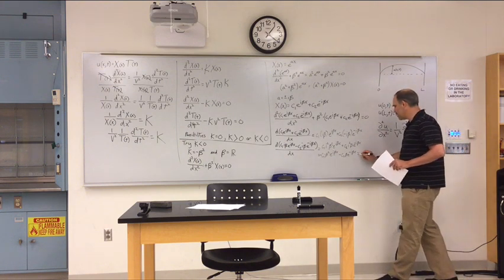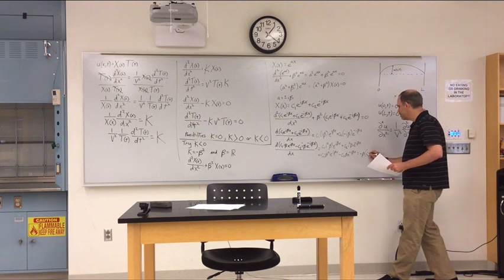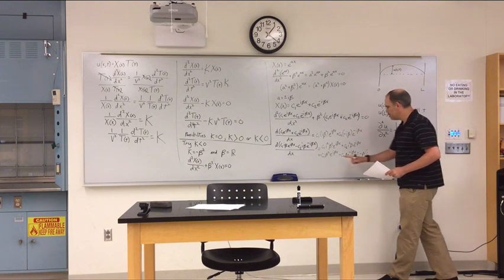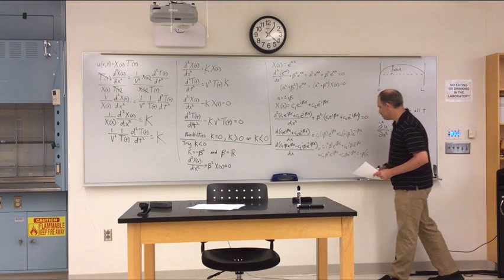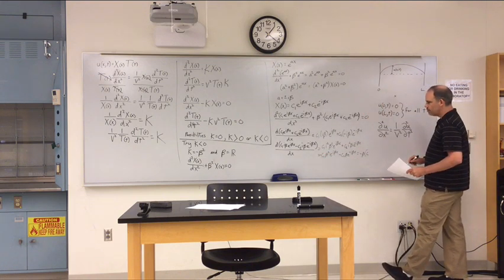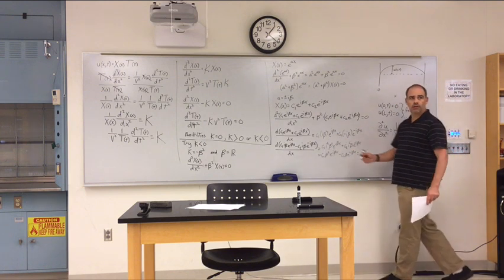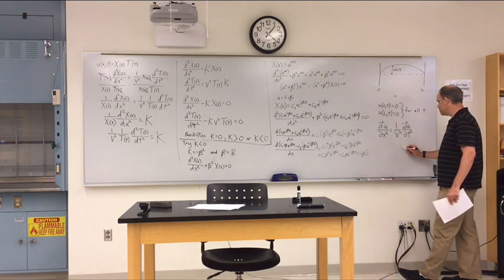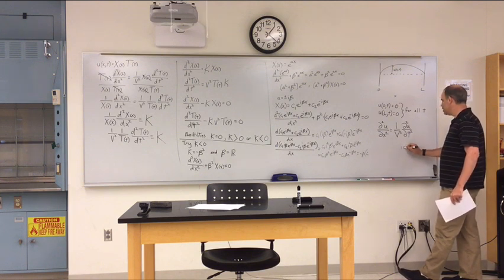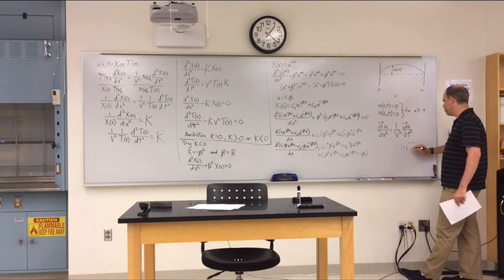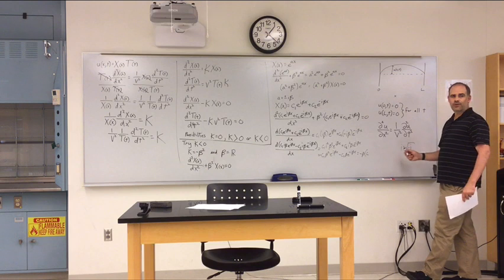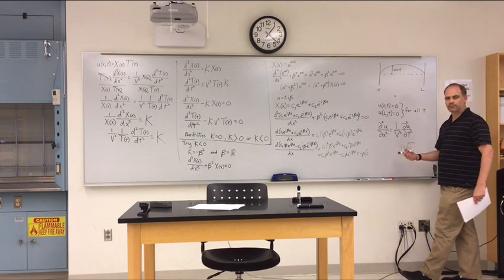Why does it change from negative to positive to negative? Oh, i squared. I is our imaginary number, equal to the square root of negative 1. So if we square i, we get back negative 1.